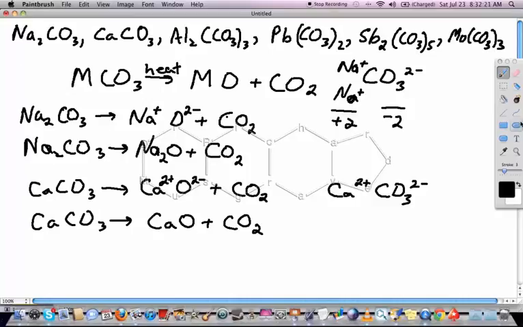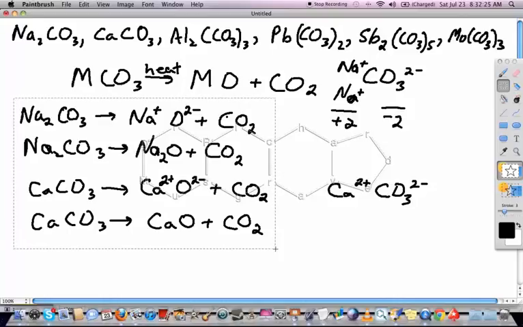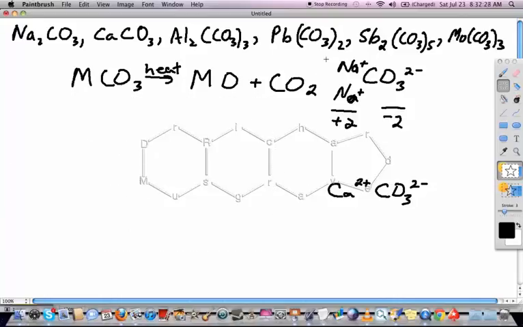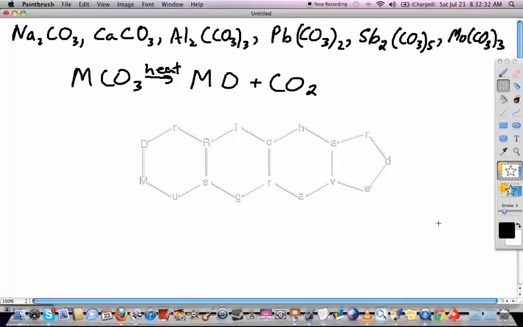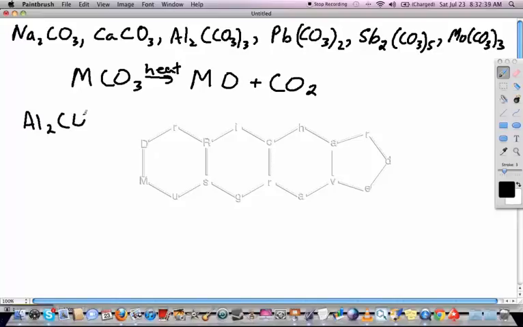Alright, let's take a look at the next one. We'll go to the aluminum. We've got Al2(CO3)3, and again, we need to find out what the charge on the aluminum is going to be.